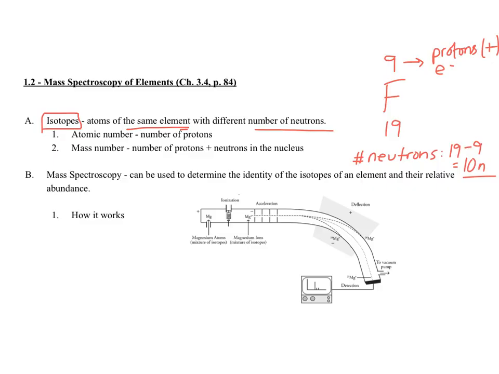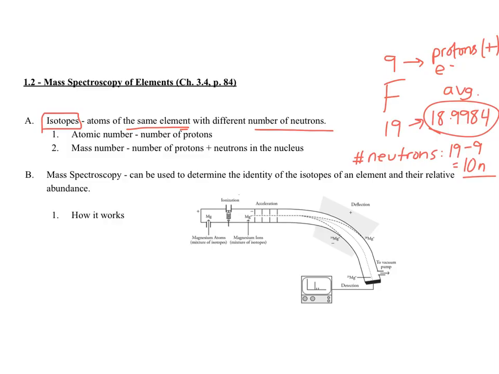Some of them can have different numbers of neutrons. That's why when you look on the periodic table, you get a number that actually looks like this, 18.9984. That's because this is an average number based on all of the isotopes. And so we're going to talk about how they figure out what the average atomic mass is using the different isotopes of the elements. Okay, so isotopes have different numbers of neutrons.